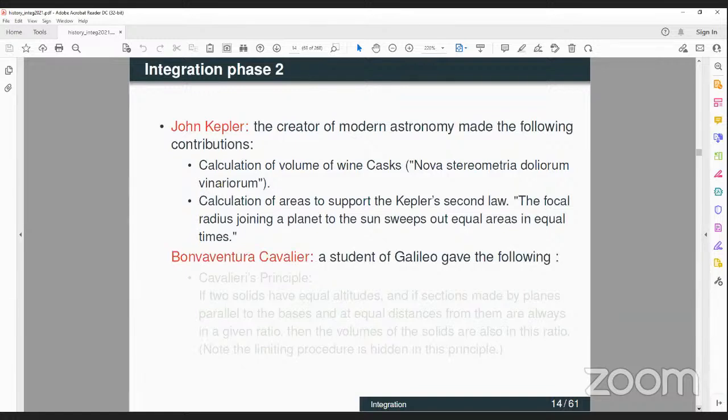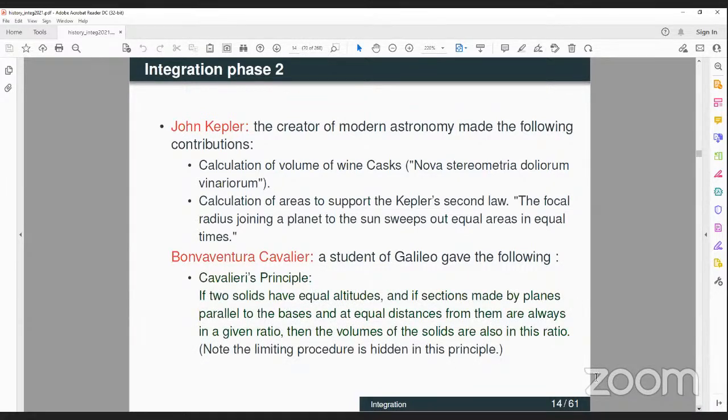Next, Cavalieri, a student of Galileo, who gave a very famous principle, now known as Cavalieri's principle. If two solids have equal altitudes, and the sections made by planes parallel to the bases at equal distances from them are always in a given ratio, then the volumes of the solids are also in that ratio.